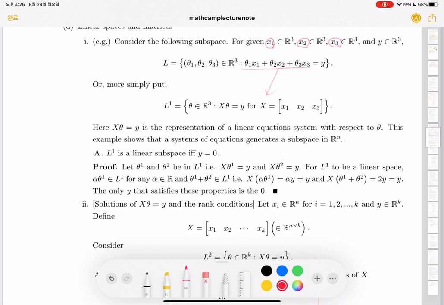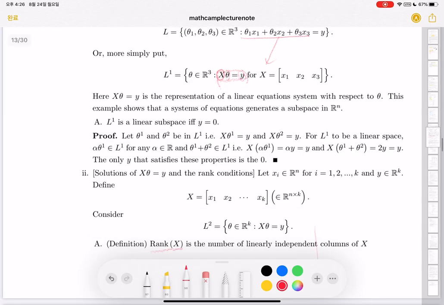So we already know that a system of linear equations can be written in this matrix form. And this is a coefficient matrix, this is a variable vector, this is a constant vector.